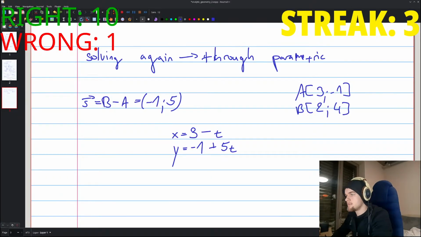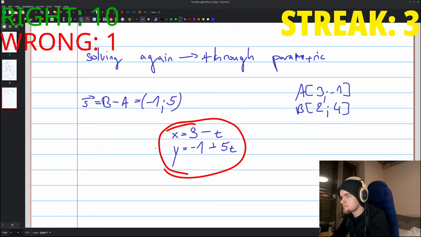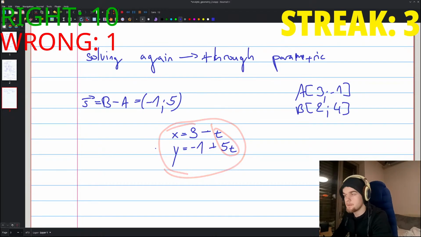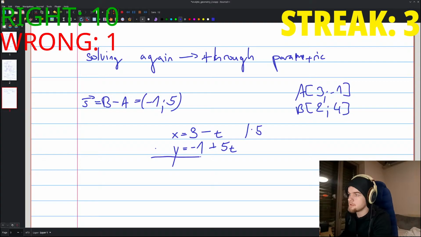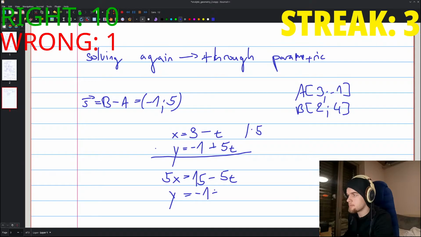Then we treat this as a system of equations, where we need to get rid of this t, obviously. So we just multiply by 5, which yields 5x is equal to 15 minus 5t. Y is equal to minus 1 plus 5t.